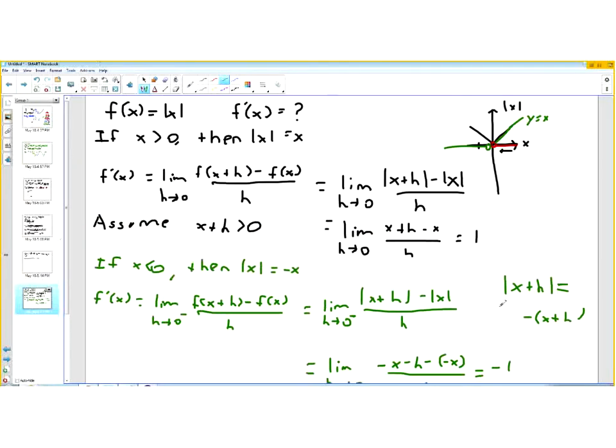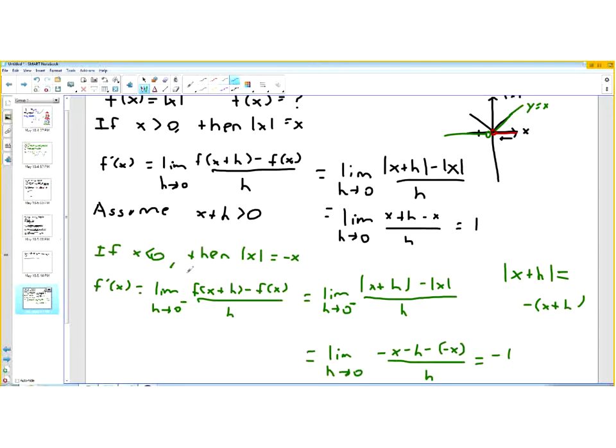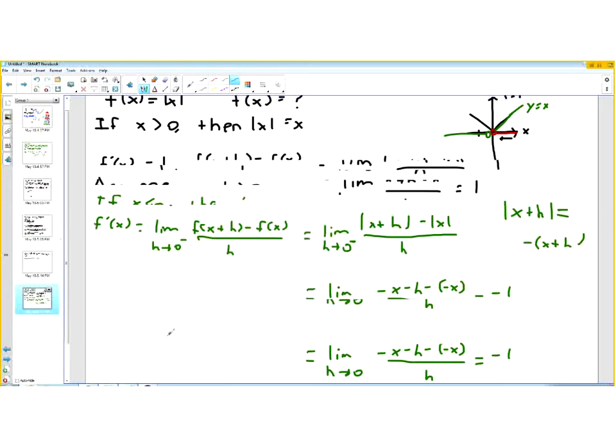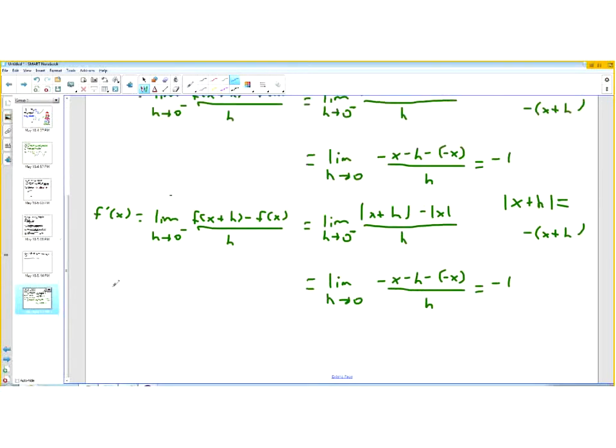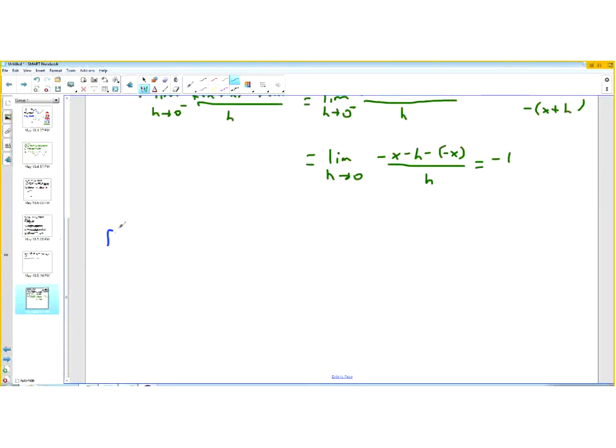So it appears that the derivative of the absolute value function is piecewise defined for all values of x where x is not 0. So we've accounted for almost the entire x-axis. Now we have to evaluate the derivative of the absolute value function at x equals 0. So what is f prime of 0? Again, we use the difference quotient.